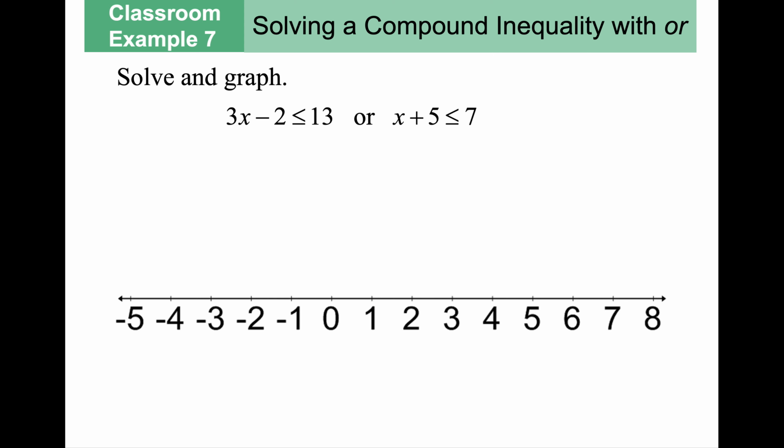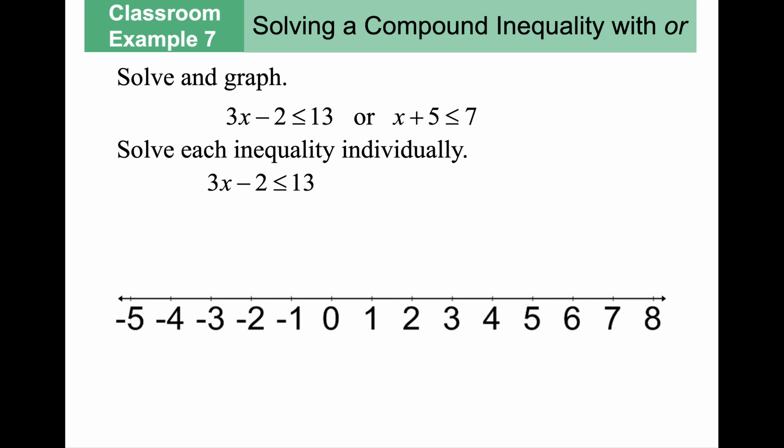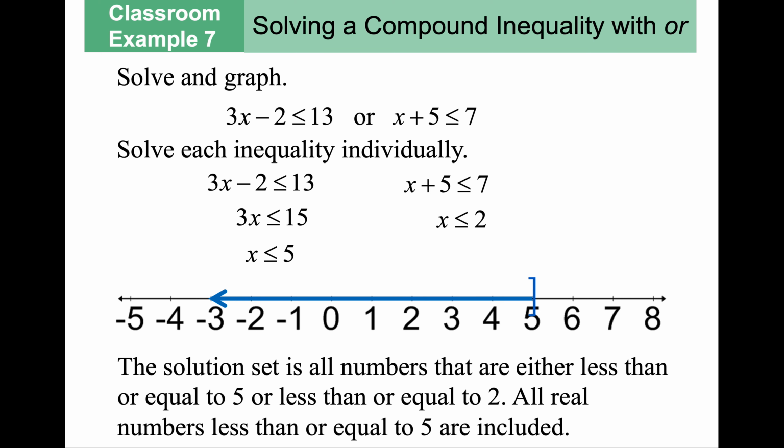Let's try another one. In the inequality on the left, I'm going to add 2 to both sides. Then I'm going to divide by positive 3. Because I divided by positive 3, it does not change the direction of the sign. Over here on the right, I'm going to subtract 5 from both sides. And I get these inequalities, which I'm going to graph, and I'm going to use a bracket.